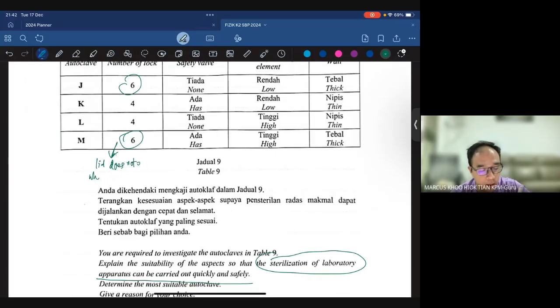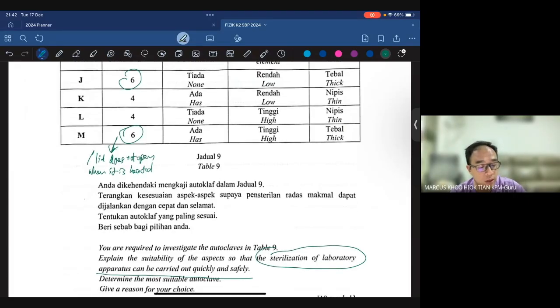Okay, when it is heated. Or the steam is not released. Actually, the steam is not released is better. Steam is not released when it is heated. Either way can.